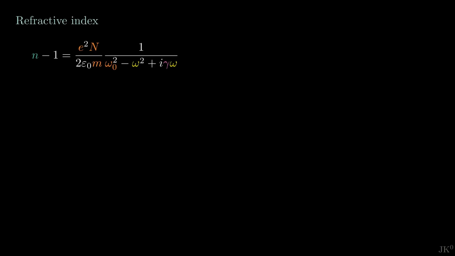This is the formula that we found last time for the refractive index produced by a collection of electrons with a number density n, resonant frequency omega naught, and damping constant gamma.